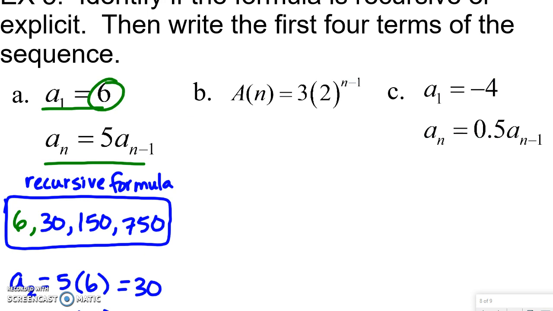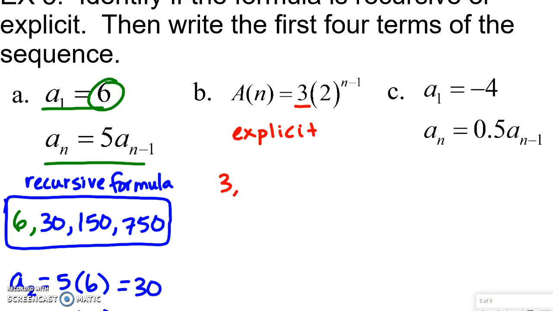B, there's only one line here. This is explicit. Okay, so I have to be able to pick out what part was what. So this is my first term, and then my common ratio is 2.